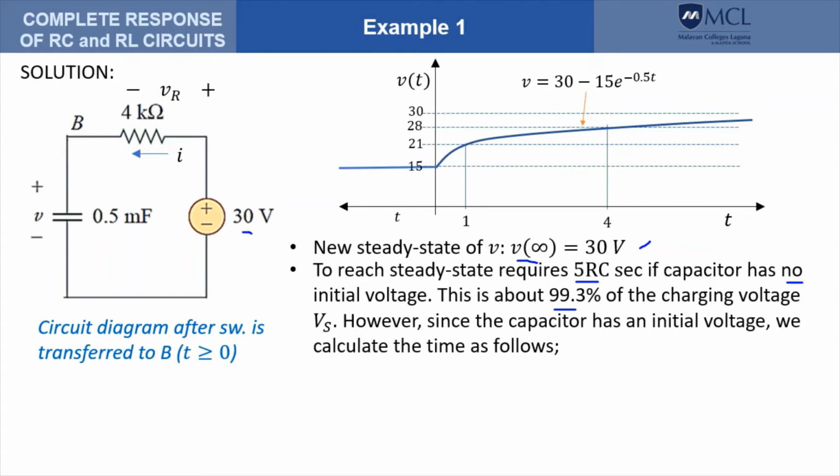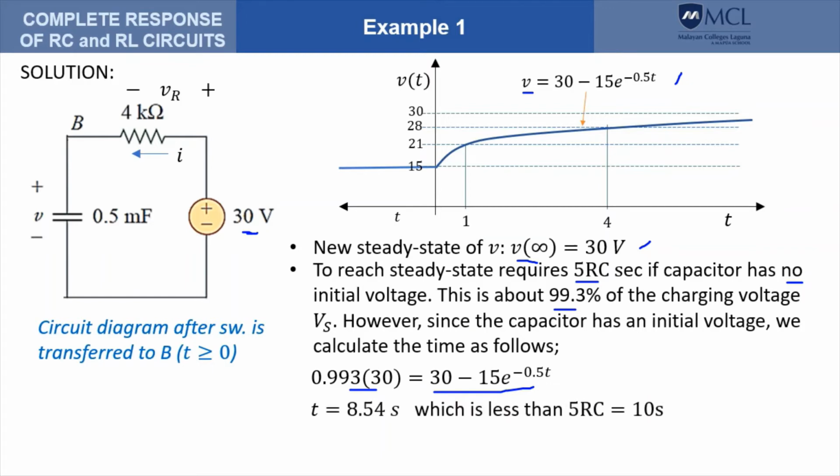However, since our capacitor has an initial voltage, that time should be lesser. And to compute for that time, we can use this equation. So we let the value of V as 93.3% of the charging voltage, which is 30 volts. And then we equate this with this one and solve for the time.